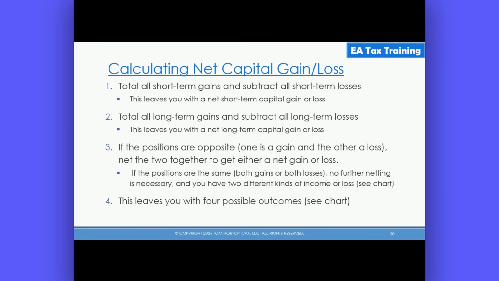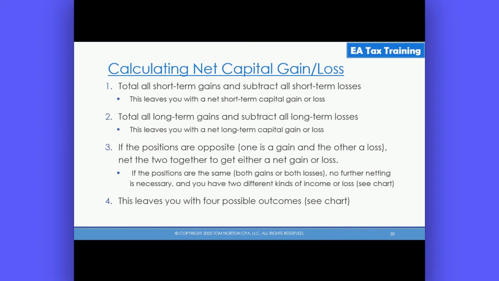So then step 3 is if those positions are the opposite, so one is a gain and the other is a loss, then you're going to net the two together to get either a net gain or a net loss. If the positions are the same, so they're both gains or both losses, then no further netting is necessary, and you've got two different kinds of income or loss.